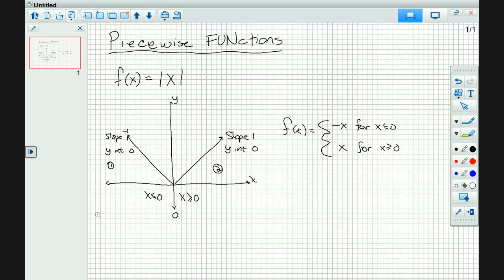And again, notice the dividing line. Does this line continue? No, it doesn't, because it's only defined for bigger than 0. So this one does not continue in here, it's only defined for less than 0. You okay with that? All right, let's try a different one.